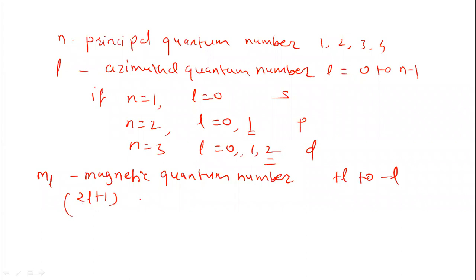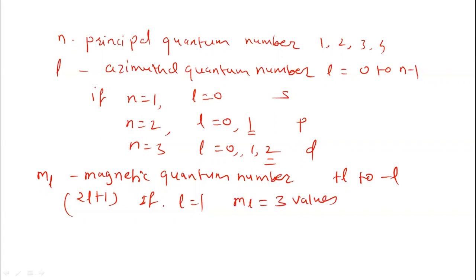For example, if L equal to 1, then it has twice L plus 1, which means 3 values. So ML has 3 values.